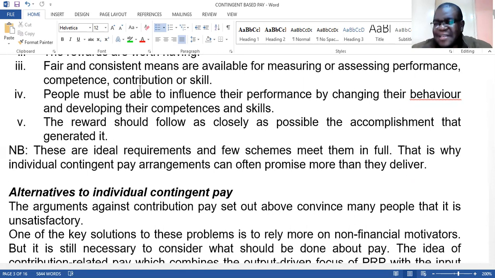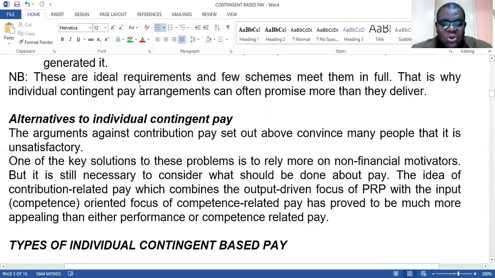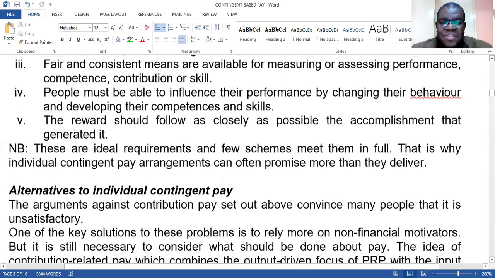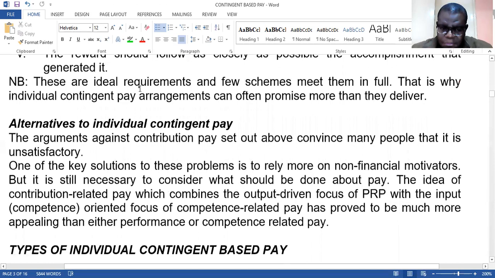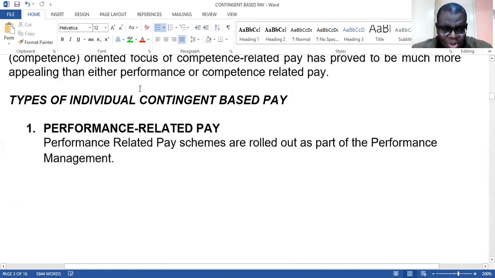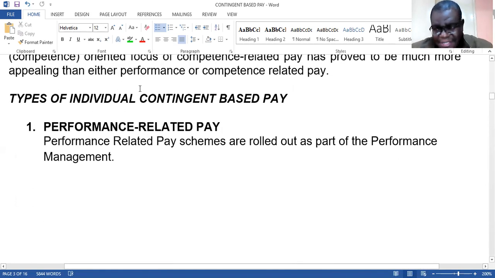And ultimately, the rewards should come as close as possible to the achievement, accomplishment of the objectives. When you do that, you roll out a competency-based, contingent-based pay scheme that will achieve the desired objectives.